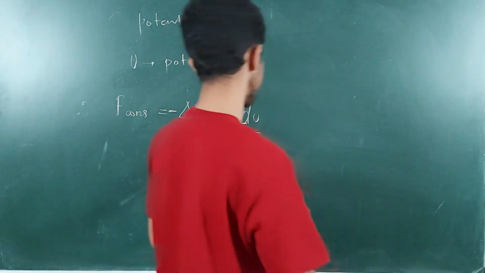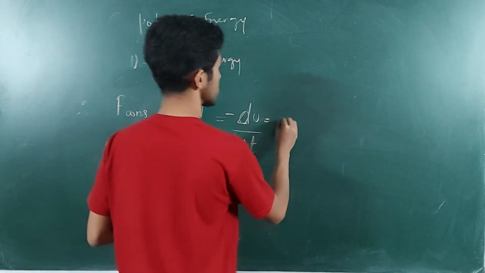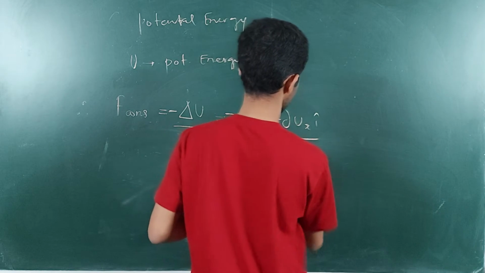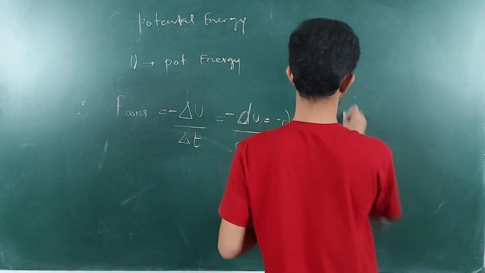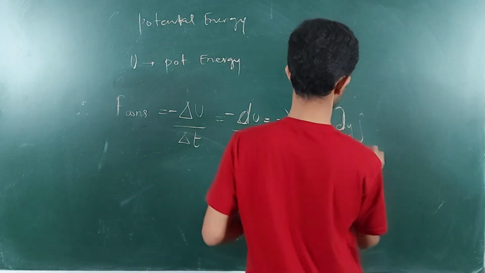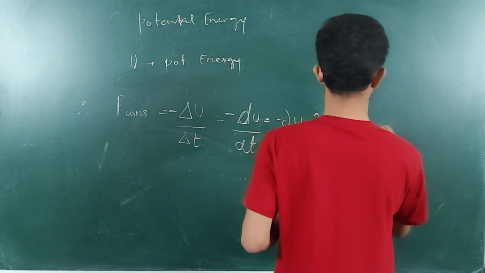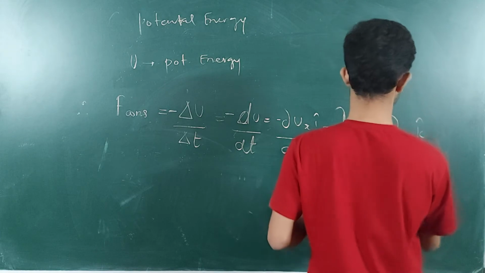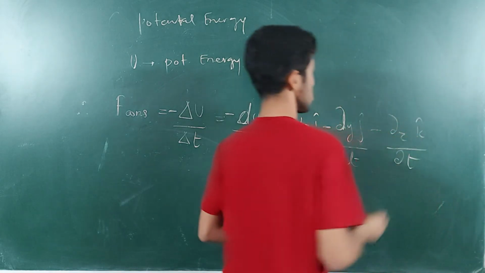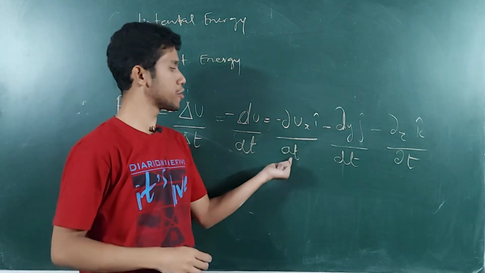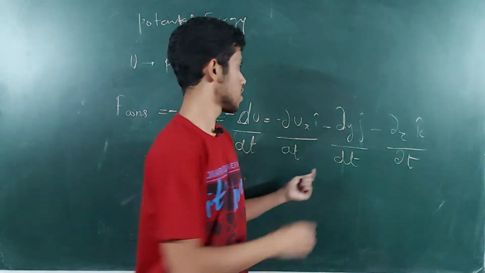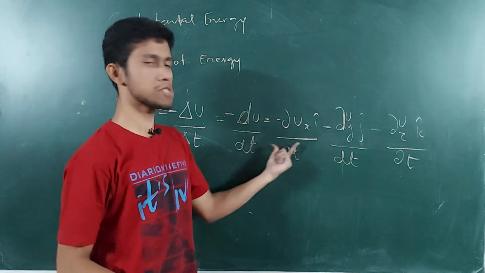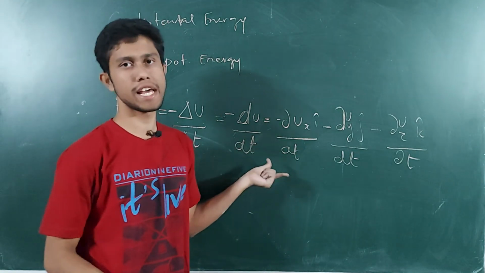So what is this minus dU by dt? It can be expressed as minus ∂U/∂x i cap, minus ∂U/∂y j cap, minus ∂U/∂z k cap. So what is this ∂U/∂x? This is the partial derivative.